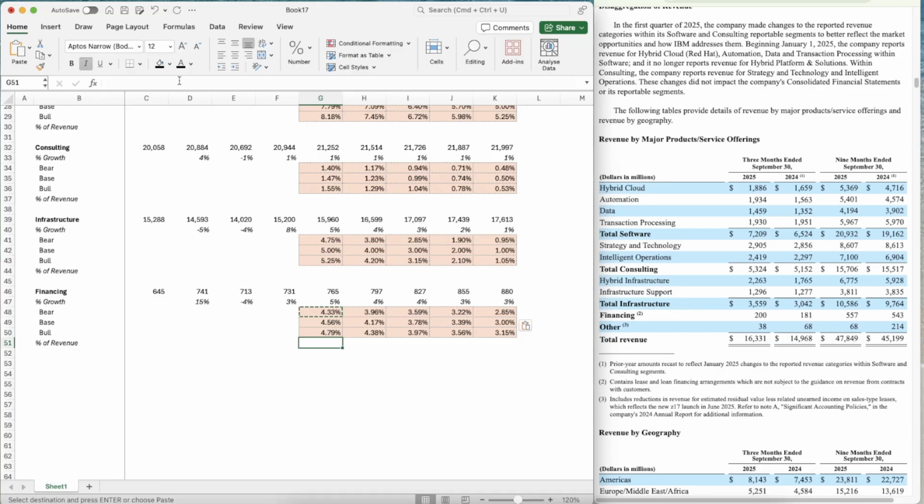Put it across. When you're doing these quickly, always make sure that you're double checking that each cell is linked to where it's meant to be when you're copy pasting, because otherwise it will upset your model.